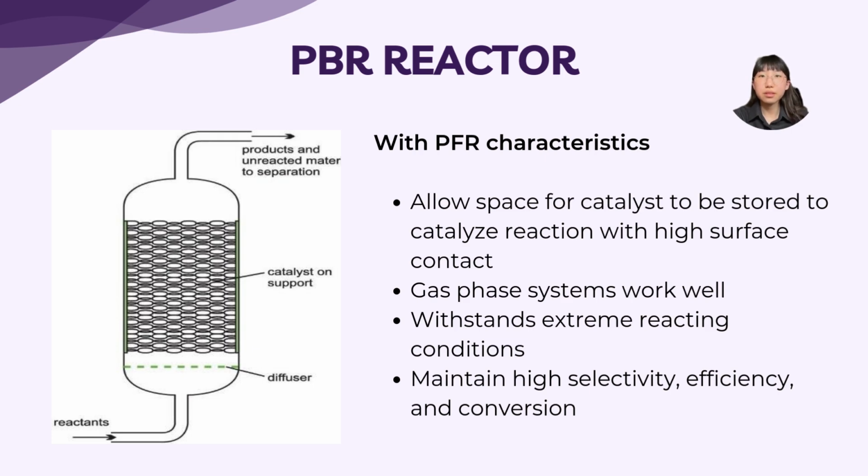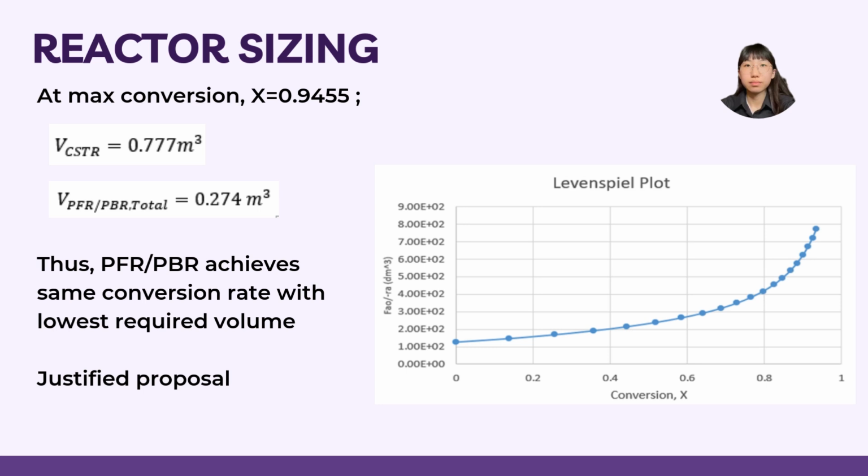This ensures that reactants flow through the catalyst bed in a controlled manner, maintaining uniform contact and minimizing unwanted side reactions. Additionally, the PBR effectively handles high temperature and high pressure conditions while reducing pressure drop compared to fluidized systems. These features make it highly suitable for ammonia oxidation where catalyst performance is critical.